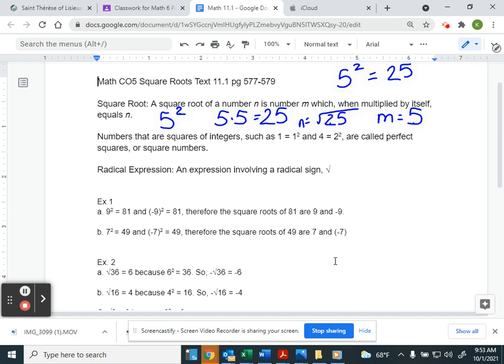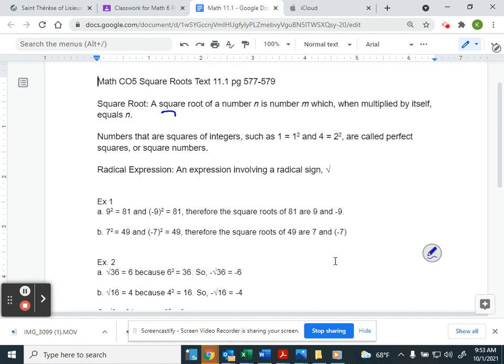So if our number is 7 squared, it would equal what? 49. So we can say the square root of 49 equals 7.